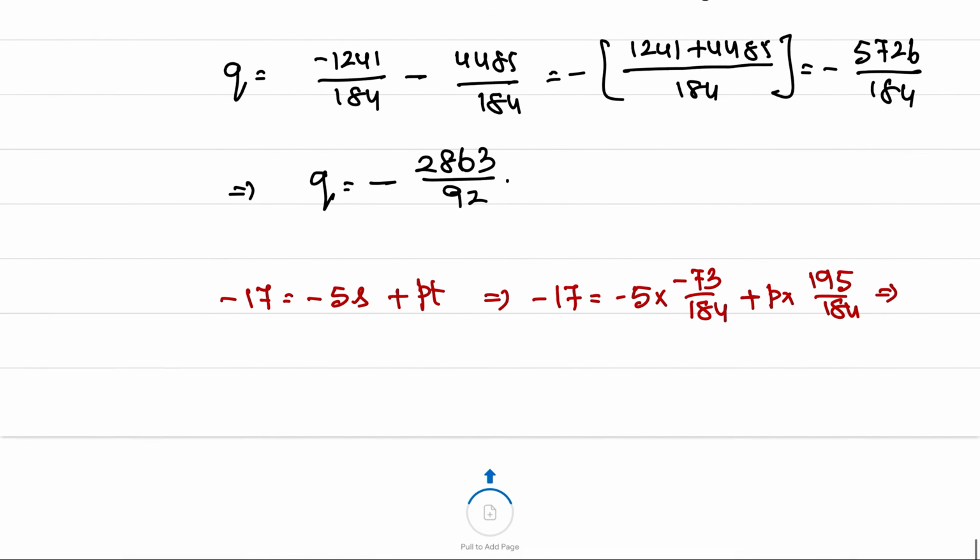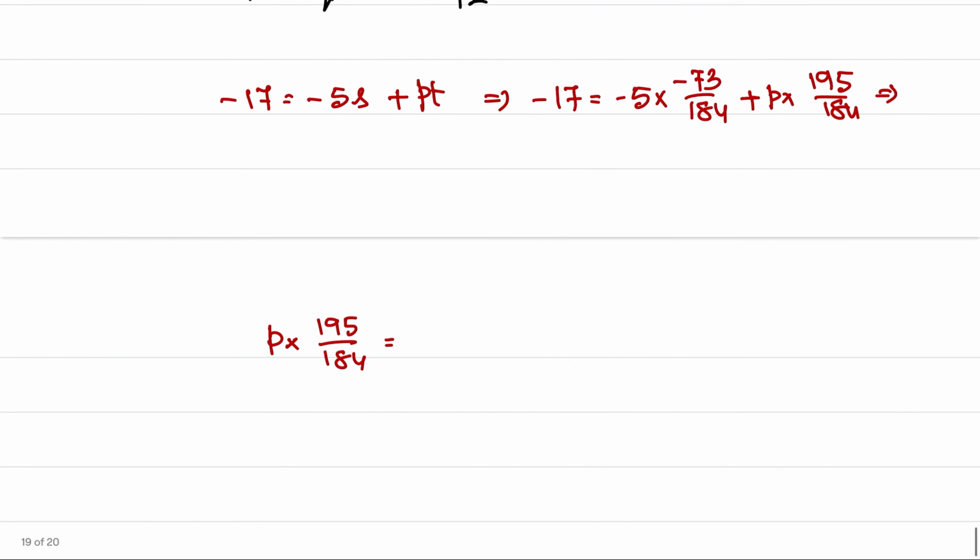That implies P into 195 by 184 is equal to minus 17 minus 73 into 5, which is 365 by 184. That is equal to 184 into 17, how much? 3128.